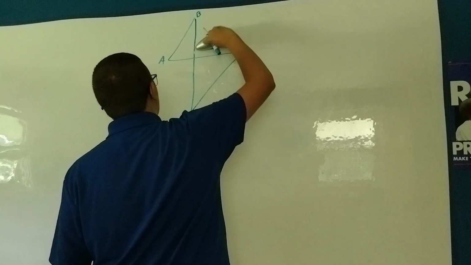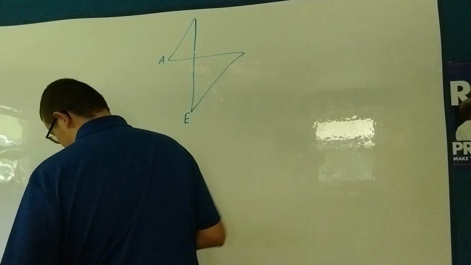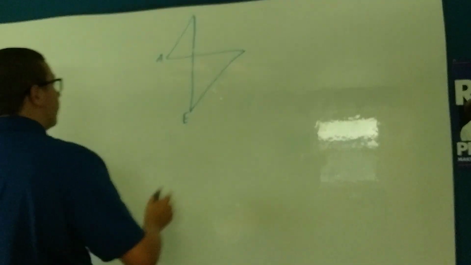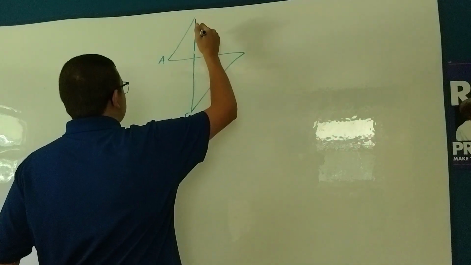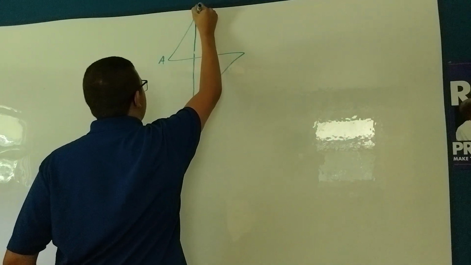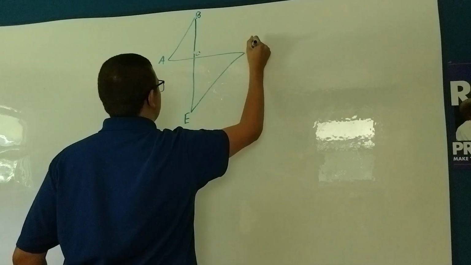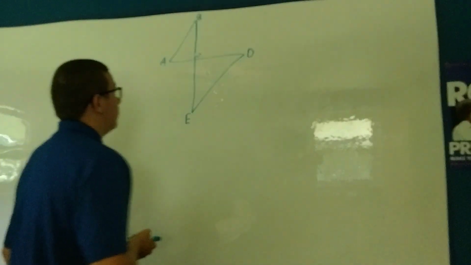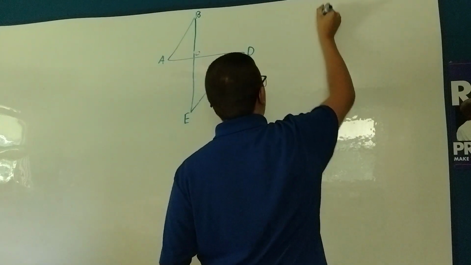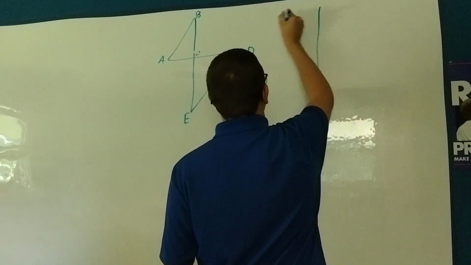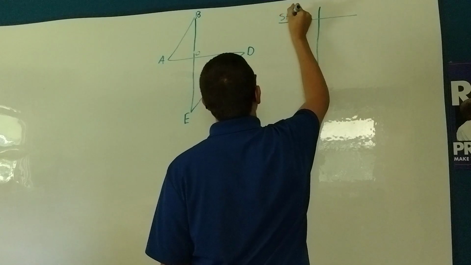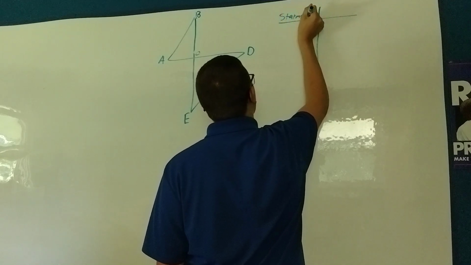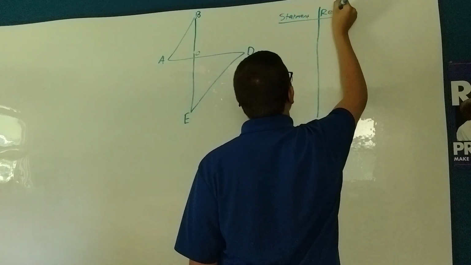So I'll say like this, where we're doing angle, A, B, C, D, E, like that. We'll keep that. And we'll come here. I'll draw our two-column table proof, statement and reason.